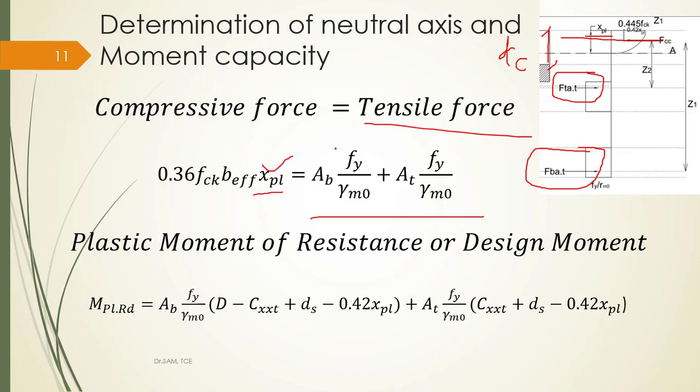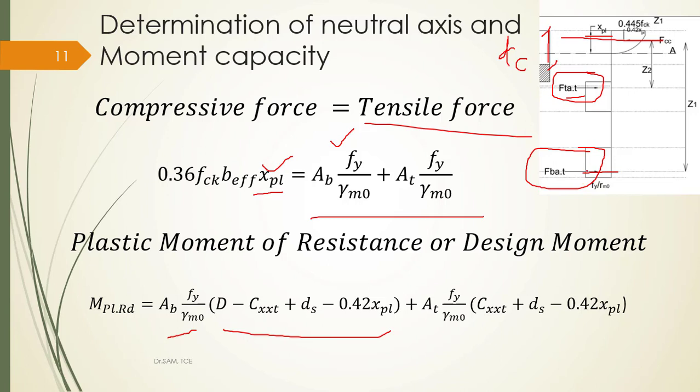Then I know the force, this is the bottom chord force, therefore I'll take that force into this lever arm. The lever arm means, as I explained in the earlier slides, the force will act at the CG of this stress block. This is the bottom angle under tension, and the top angle again is under tension.